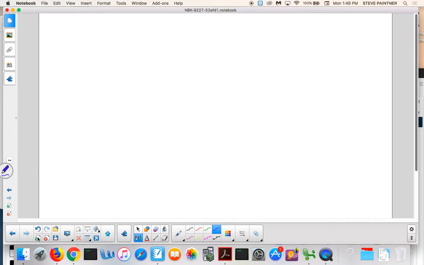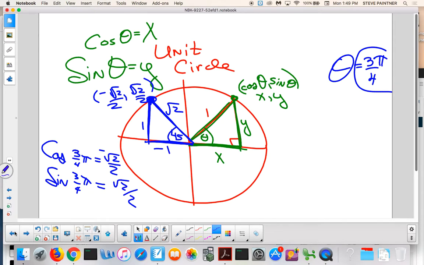It's this one. Second box down, very first problem. It says, find the point on the unit circle that would correspond to the rotation of 7 pi over 6. I just showed you what to do. Let's see if you listened or understood it.